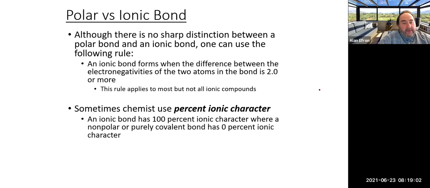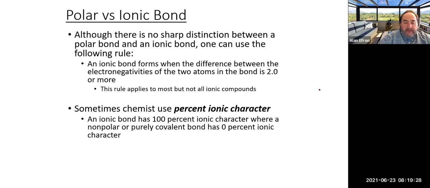Sometimes we talk about bonds, either polar, ionic, and so on, by using the term percent ionic character. So if a bond has 100% ionic character, then it definitely is an ionic bond. Heading down to 0% ionic character, we pretty much have more of a covalent or non-polar bond.